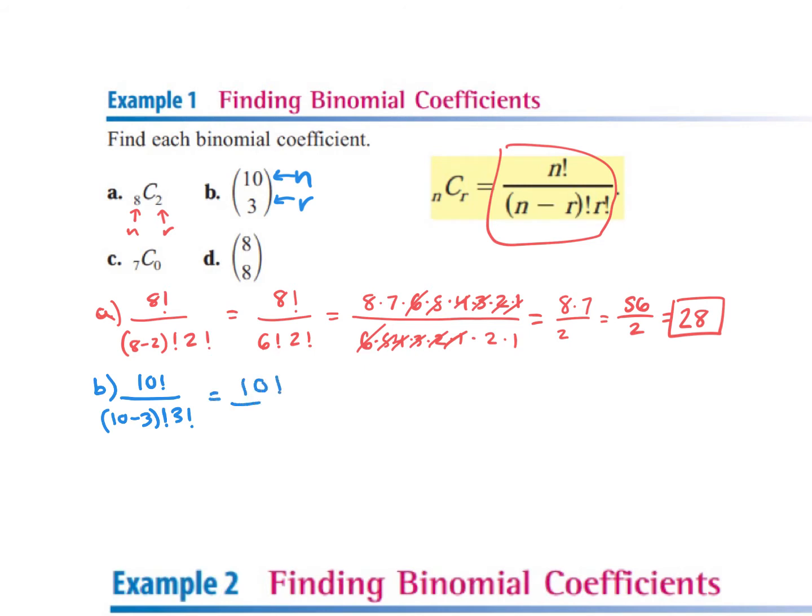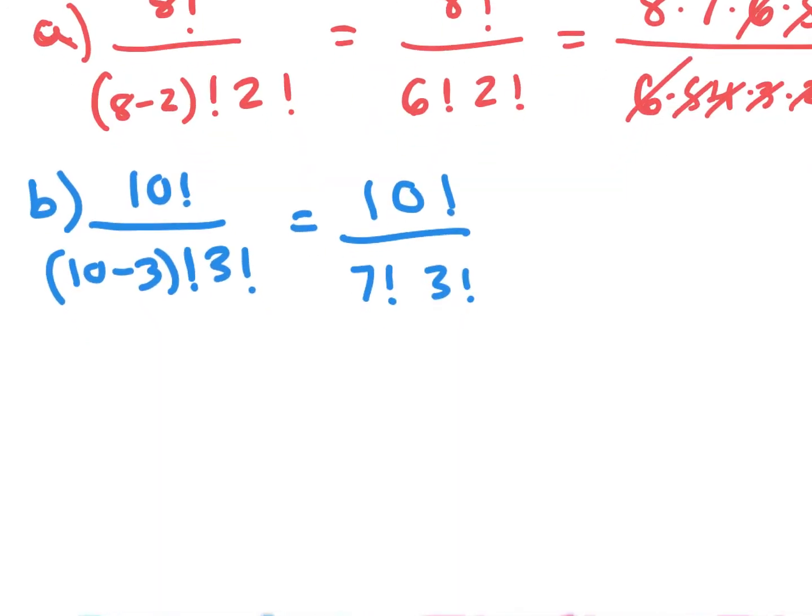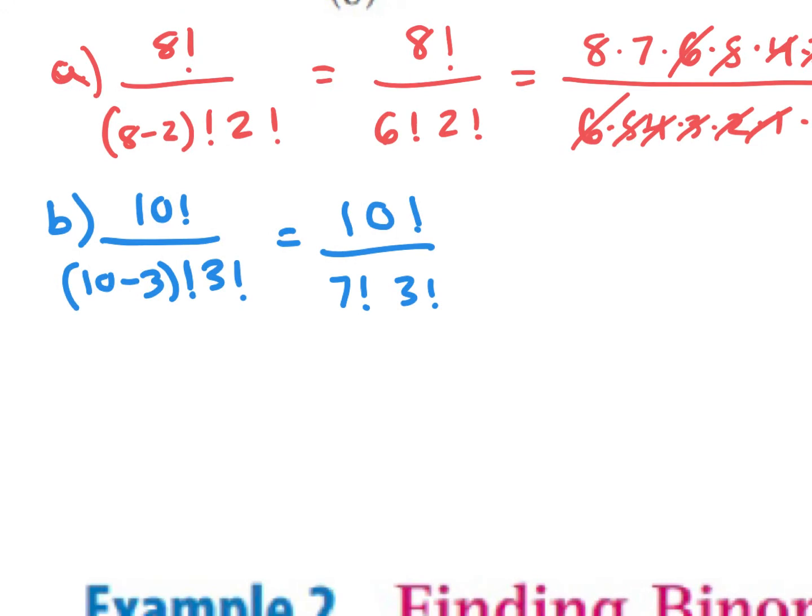So 10 factorial over 7 factorial times 3 factorial. Let's work it out. On top, we have 10 times 9 times 8 times 7. I'm just going to say 7 factorial because I know that 7 going down is going to cancel out with my 7 factorial on the bottom.